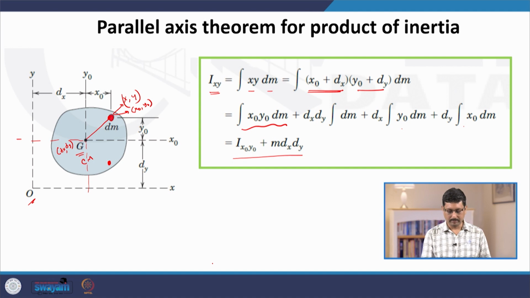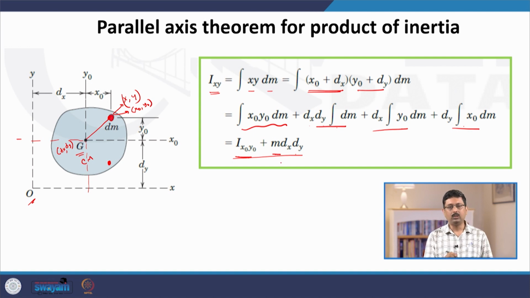By our notation we define it as I of x naught y naught. For the second term, dx dy, you can take dx dy outside the integral, then the integral over dm will give you the total mass of the object. This is just m times dx dy. And these two terms you can easily show, by applying the definition of the center of mass, should vanish.